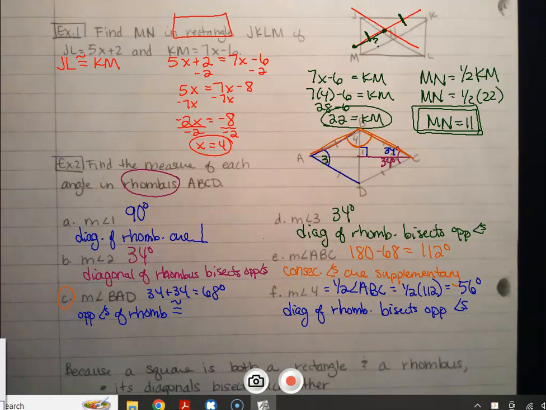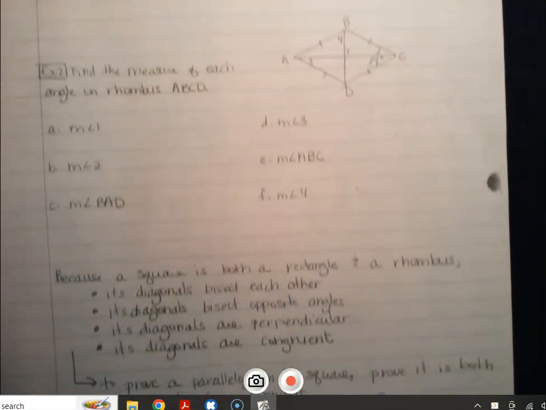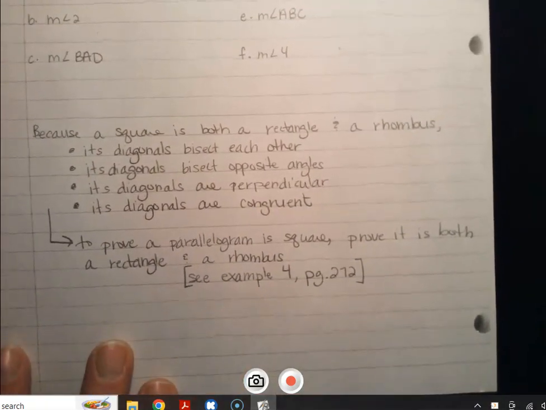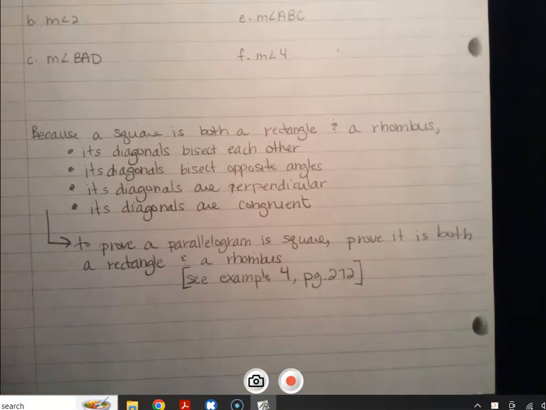Then let's look at this last little note down here. Maybe not a little note, but this goes back to example 4, which is a great one. Like I said, you can flip over to it and look at it. It's a paragraph proof, and that's okay. But we know a square is both a rectangle and a rhombus.